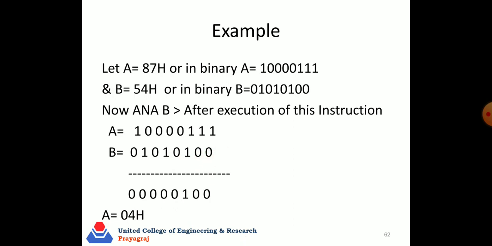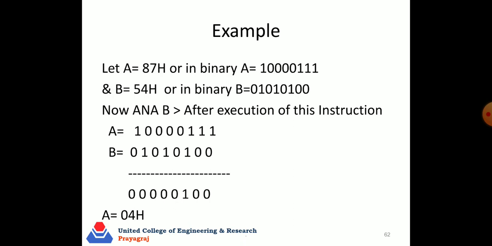The meaning of logical AND, or the truth table of logical AND: if both the inputs are high, high meaning 1 or set, then the output will be high or set, otherwise the output will be 0. We already know the truth table of the AND operation.